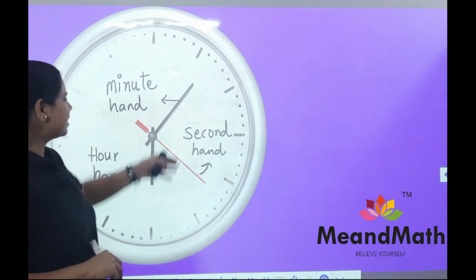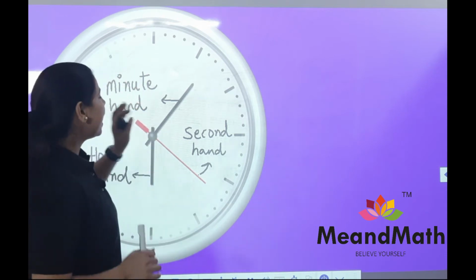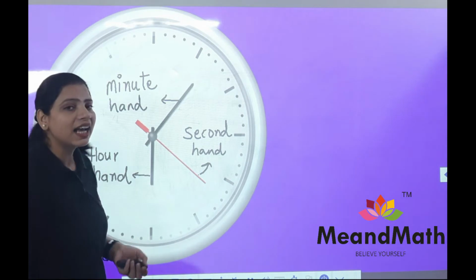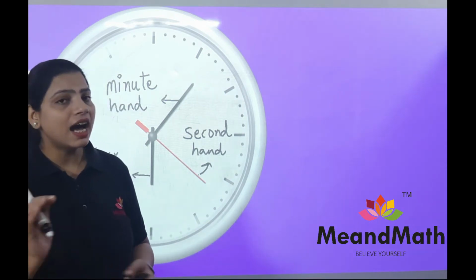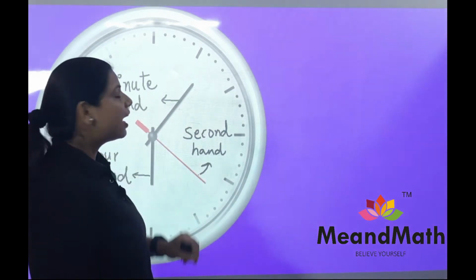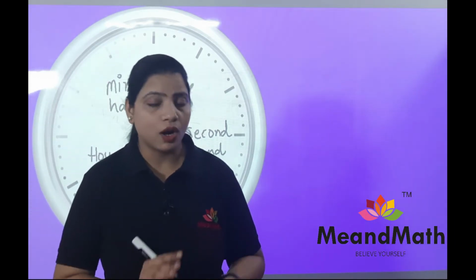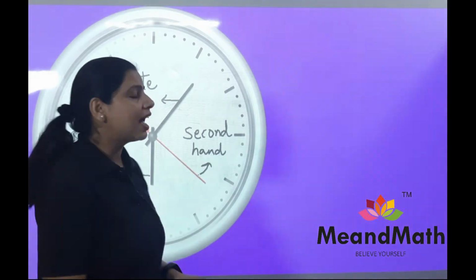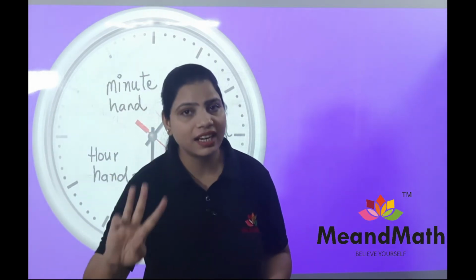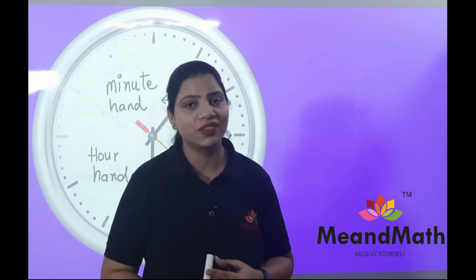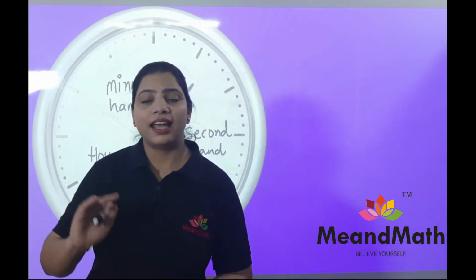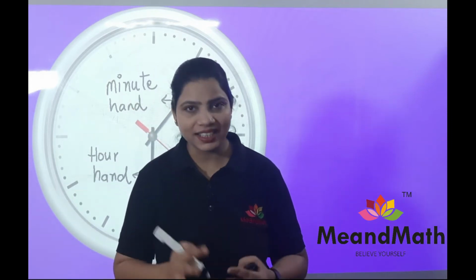So what would these hands be doing? These hands correspond to their responsibility. That means the hour hand gives us an idea about an hour, the minute hand gives us an idea of minutes, and the second hand tells us about seconds. So we have three types of hands or needles which you'll be seeing in any clock, and they have different functions.